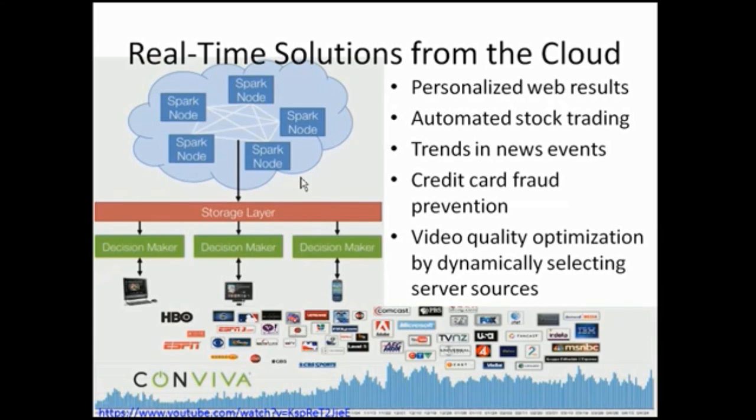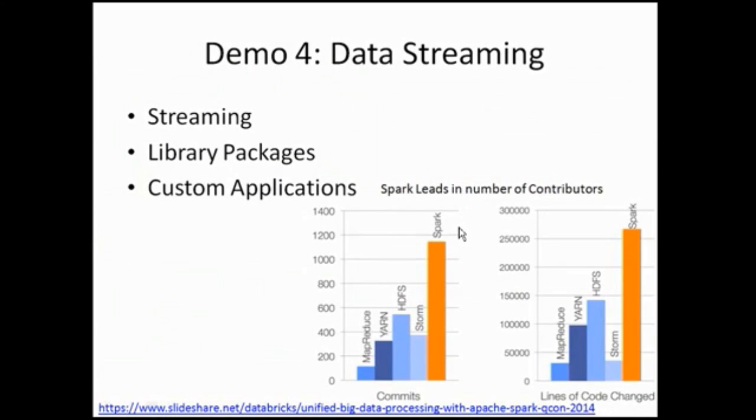So the fourth demo with data streaming is I'll be covering streaming, library packages, and custom applications. This chart just shows how, because of the fully functional capabilities of Spark, it has more commits and lines of code contributions than MapReduce, Yarn, HDFS, and Storm.